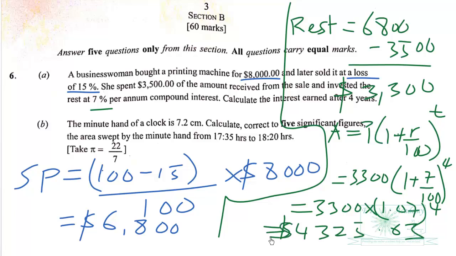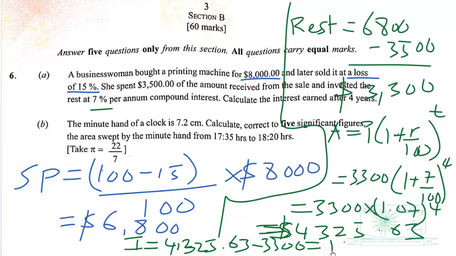So that is the amount at the end of the 4 years. Now the interest will be equal to 4,325.63 minus the 3,300, and that will give us $1,025.63.